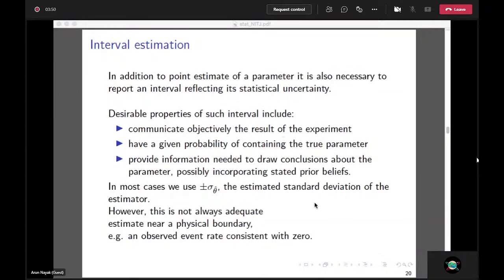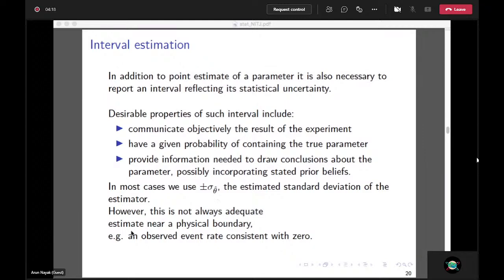In most cases we use this plus minus sigma for this estimate theta hat, and this is the estimated standard deviation of the estimator. However, in some cases this is not adequate, just quoting the plus minus sigma, 1 sigma.